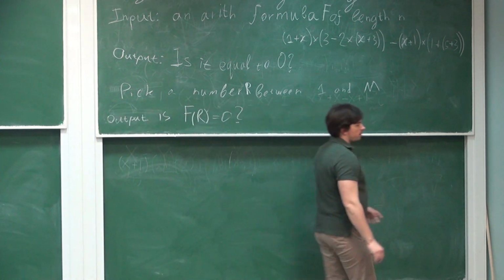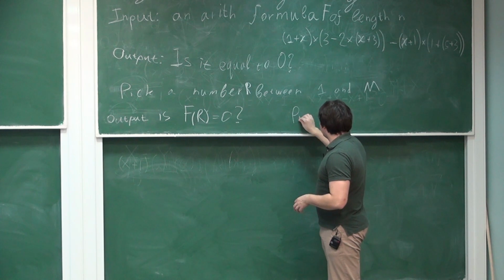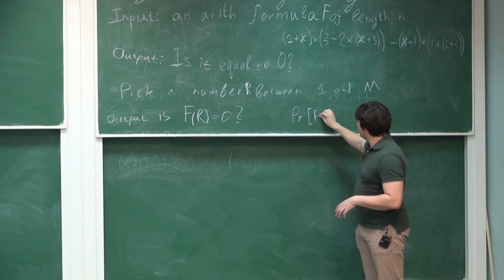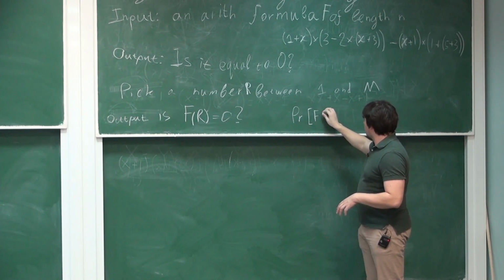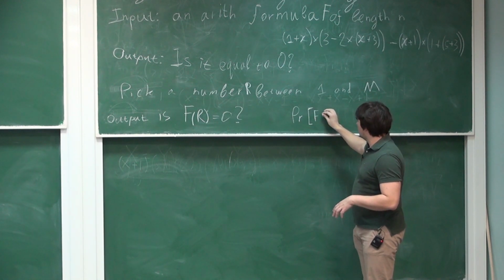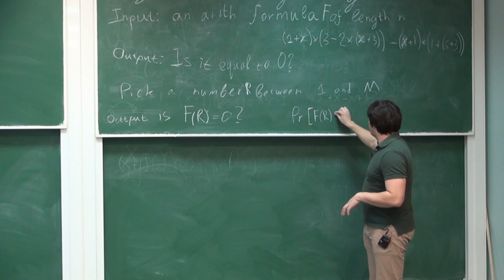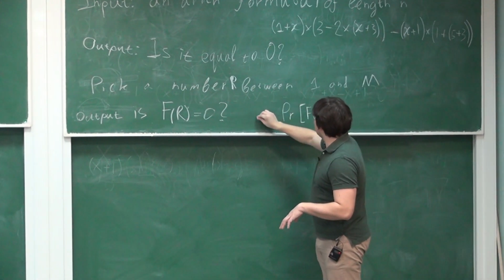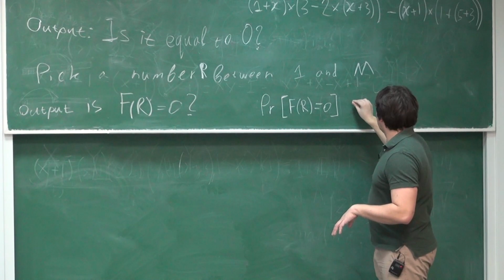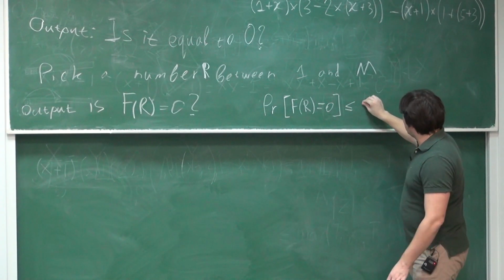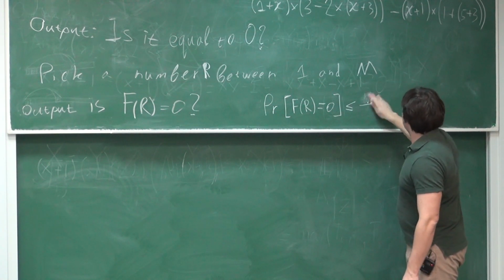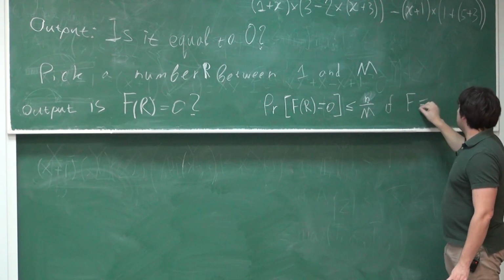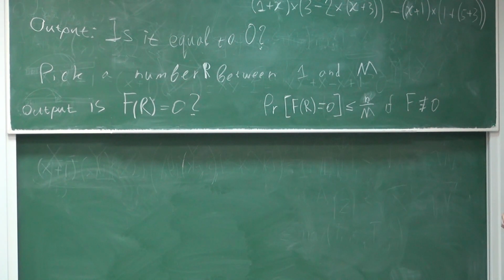So the probability that f of r is equal to 0 is at most n over m if f is not actually identically 0.